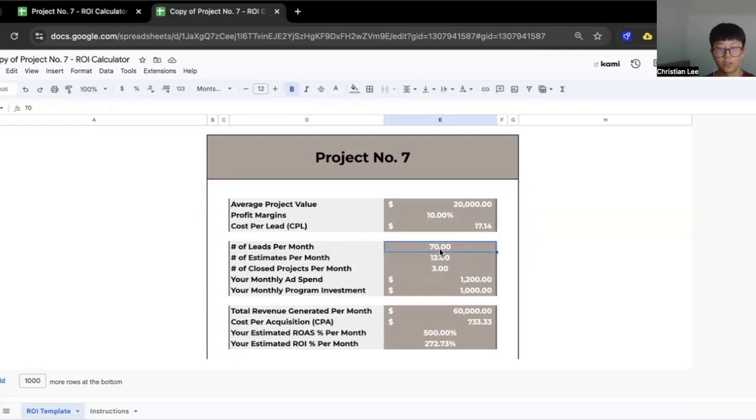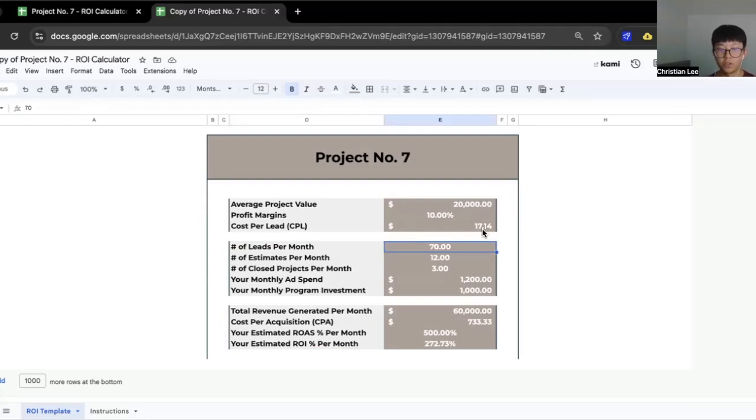But let's just say that I generated 70 leads instead. Even though the cost per lead dropped to less than $20, which is amazing, if my client is only closing about 10 to 15% of them, and most of them are garbage and just tire kicking, that's when I need to add more friction to the lead form.